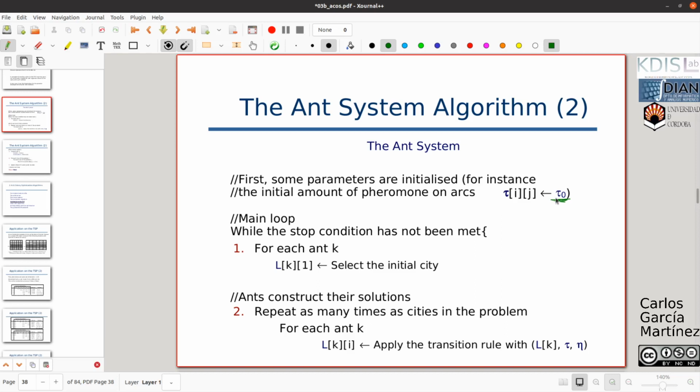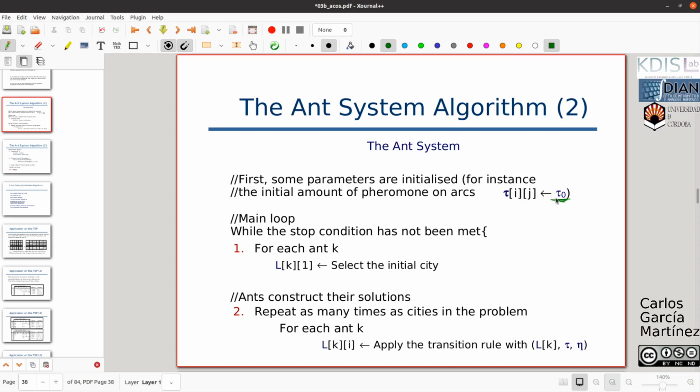In the case of the traveling salesman problem, we got nodes and arcs which connect these nodes, and these arcs have some amount of pheromone.